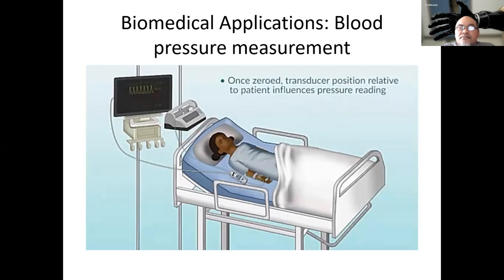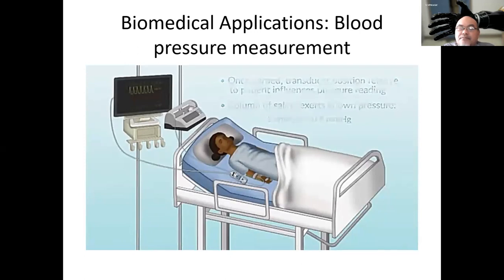For example, we know exactly how much pressure a column of saline exerts in terms of millimeters of mercury. So 1 centimeter of water is equivalent to about 0.8 millimeters of mercury.